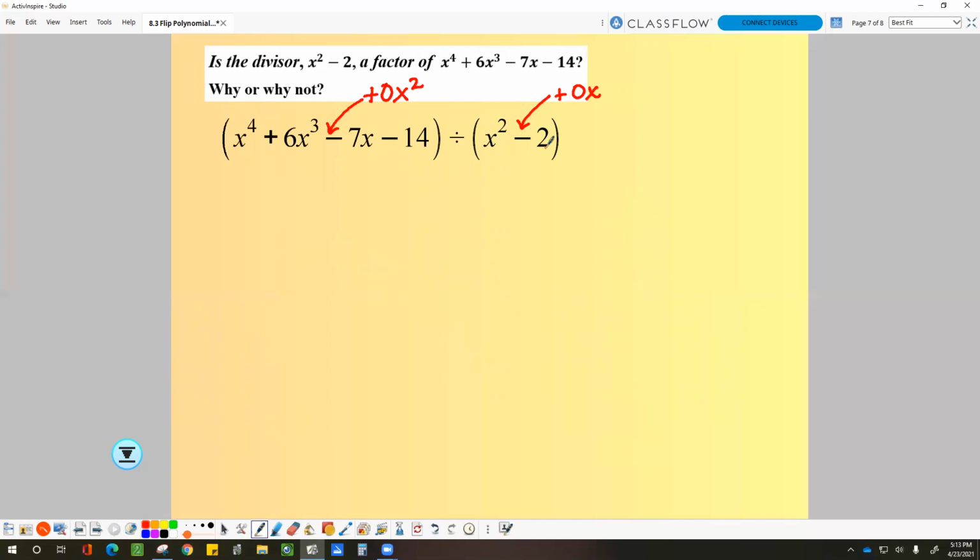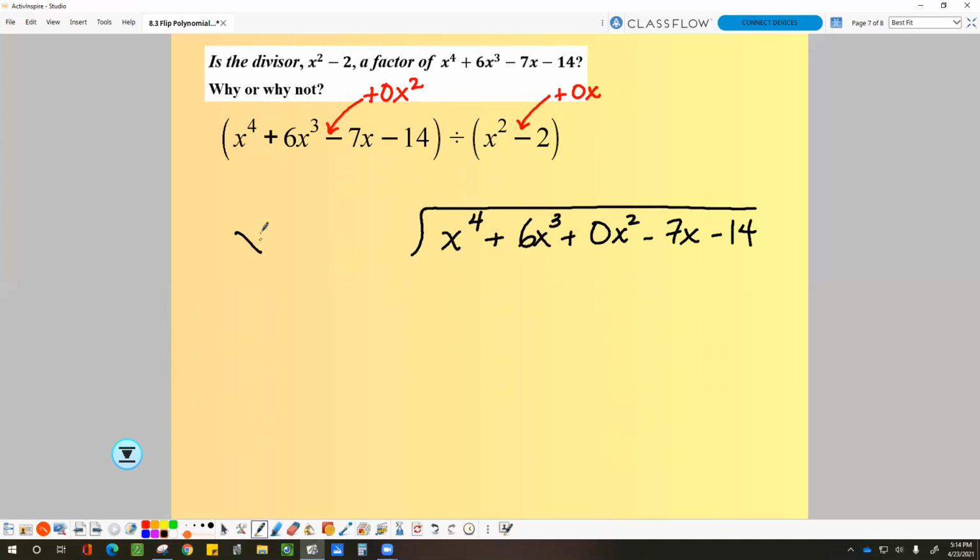So I was missing one term in the dividend and one in the divisor. When I write this in long division format, I'll write x to the 4th plus 6x to the 3rd plus 0x squared minus 7x minus 14 divided by x squared plus 0x minus 2.